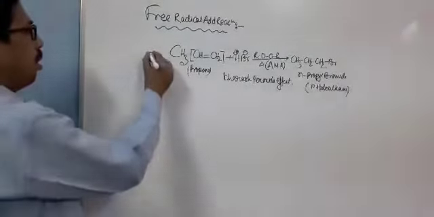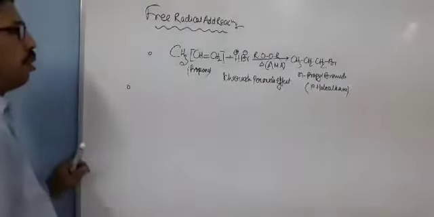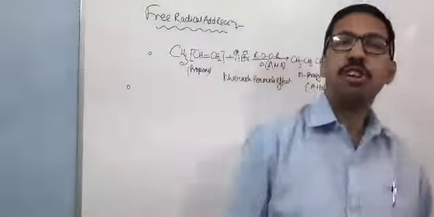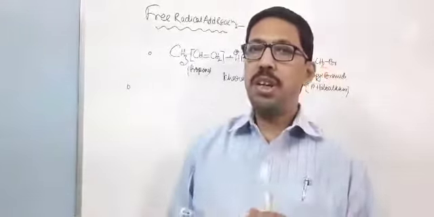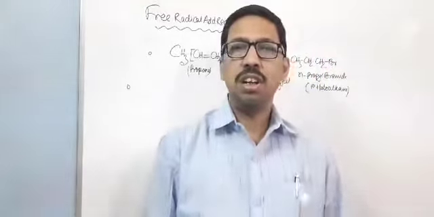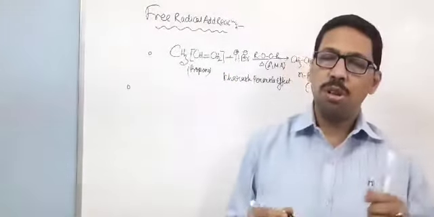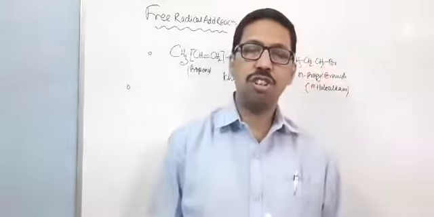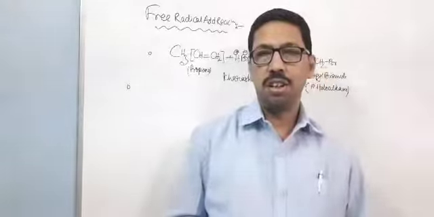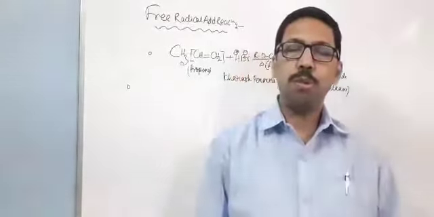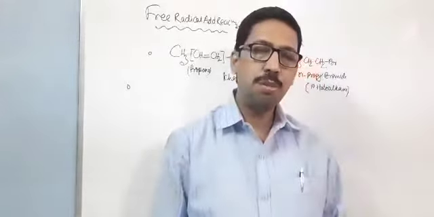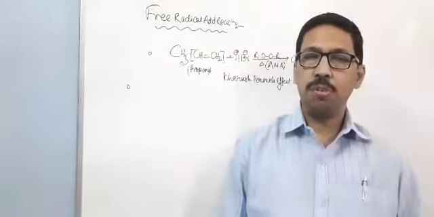Now move on to the next part, the free radical addition reaction, and how it is mechanized. Every reaction which takes place with the help of free radicals occurs in three different steps. The first is the chain initiation step, which involves the formation of the free radical. Second, the chain propagation step, which involves interaction of the free radical with the reactant molecule.